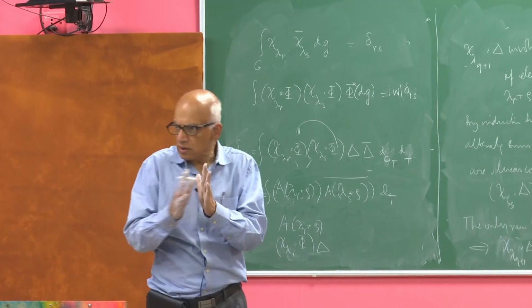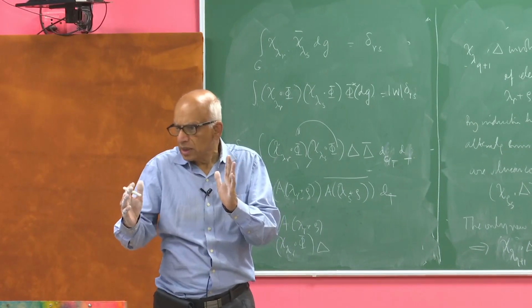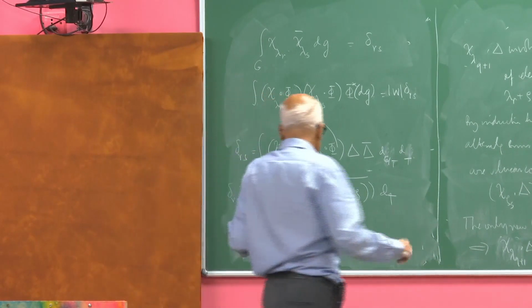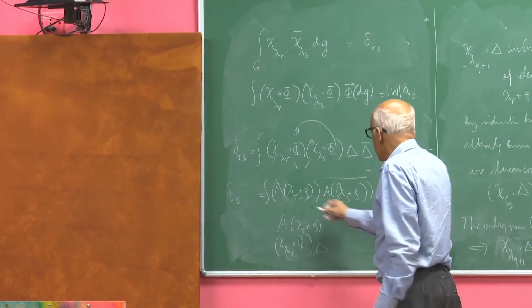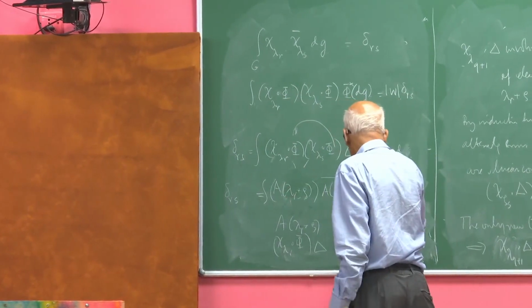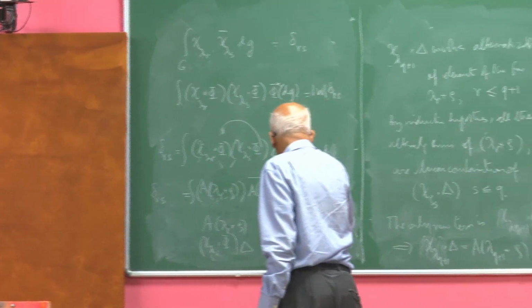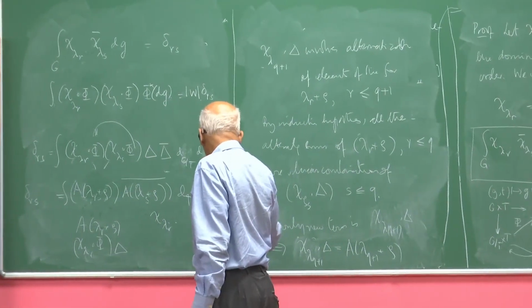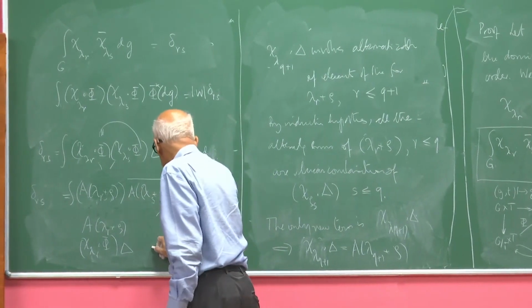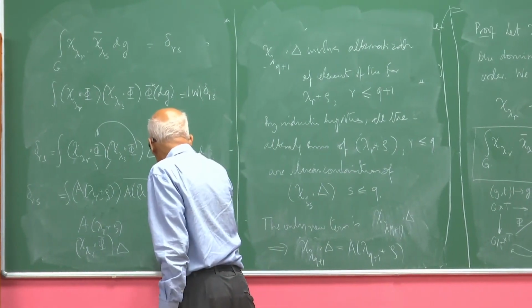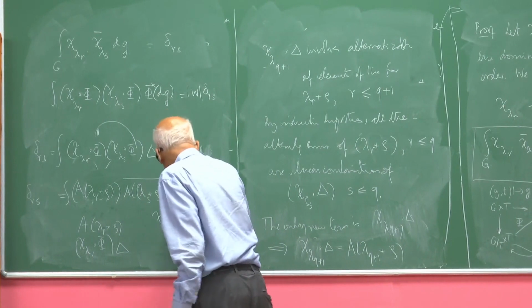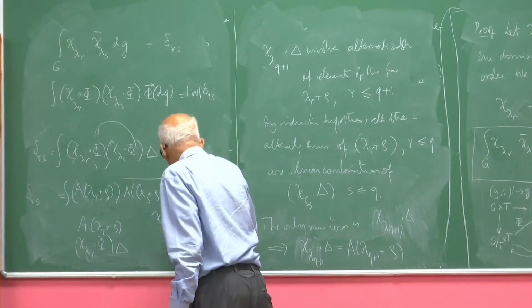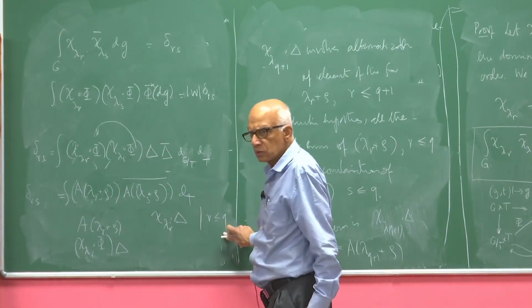I'm using the fact of the orthogonality relations. See, the point is that you have a bunch of these characters which are mutually orthogonal up to r less than or equal to q, and therefore it also follows that these chi lambda times delta are orthogonal.